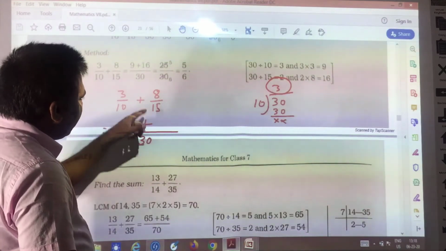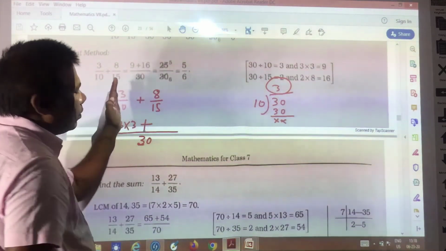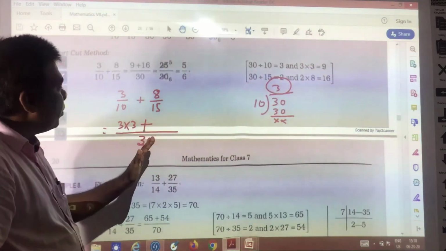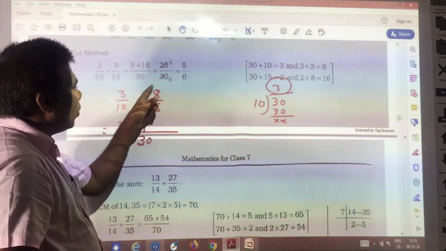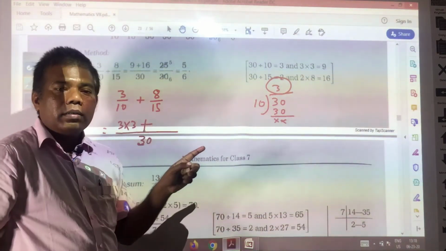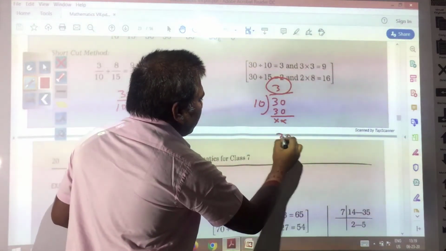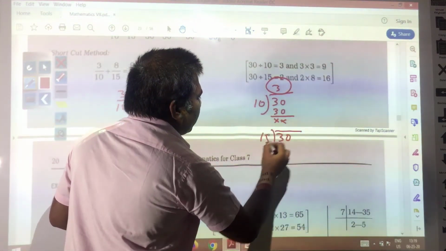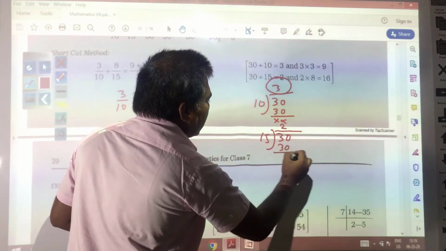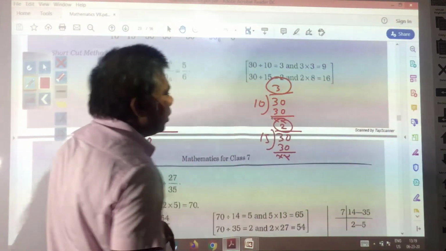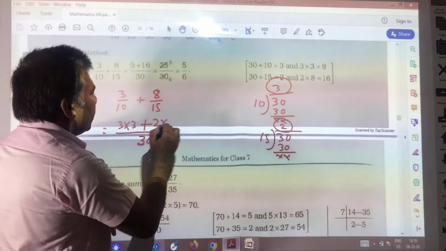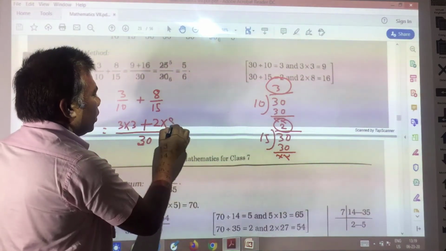Then the same thing you applied in the first fraction, the same repetition is required to be done in the second fraction. So, just divide 30 by 15, 15 times 2 is 30, the result you got is 2. This is needed to be multiplied with the numerator.